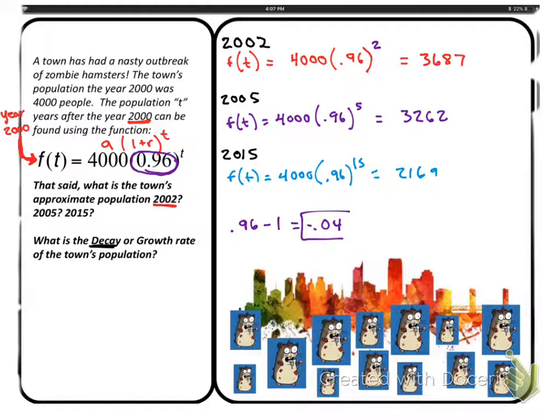So that's our rate there, and since it's negative, we know it's a decay. That just confirms it. And now we get the percent. So it's a 4% decay per year. Right, and there's your rate, negative 0.04.